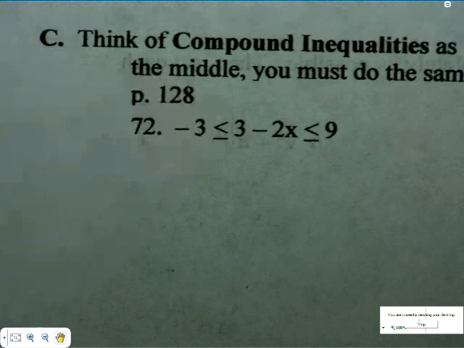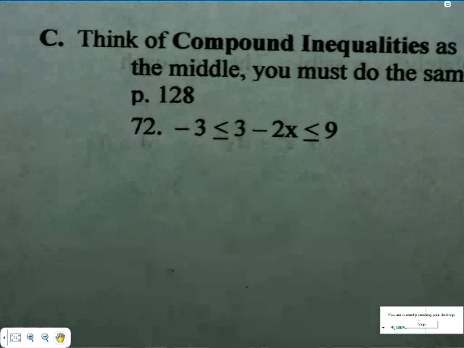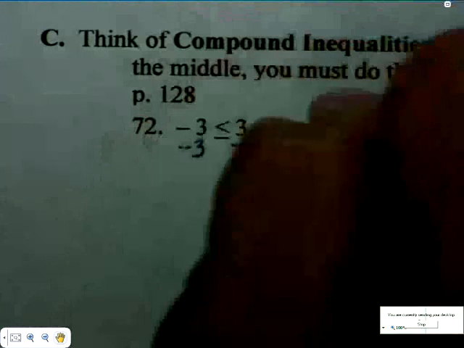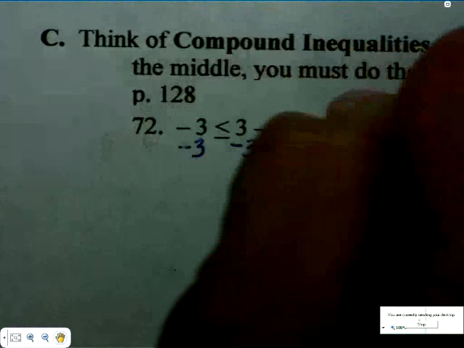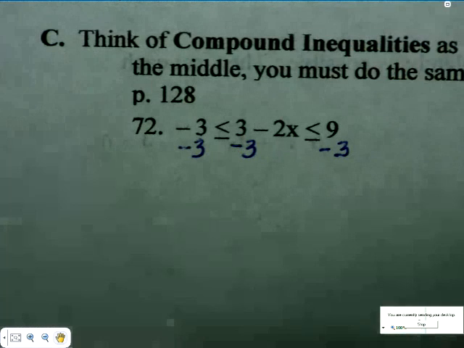Well, do the same thing here. Subtract 3 from all three sides. I don't usually write it like that. I don't like that. It's hard to tell that I'm subtracting 3 from all three sides.